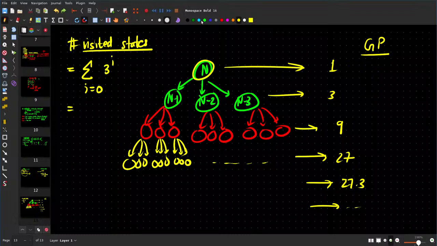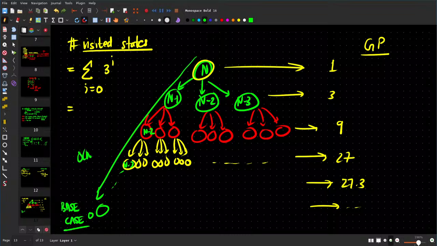Because notice that this leftmost branch will always have one number less, and this should eventually go to 0, which is, let's say, the best case. So this height is order n, or exactly n.